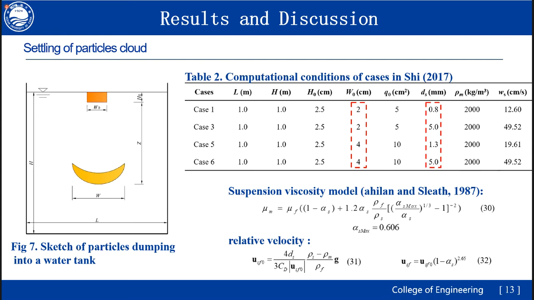We can see the diameter is quite different, so we get quite different settling velocity. But the settling velocity is very important to simulate this accurately.